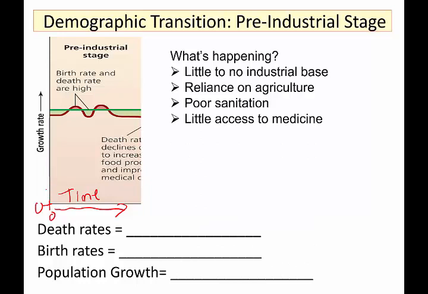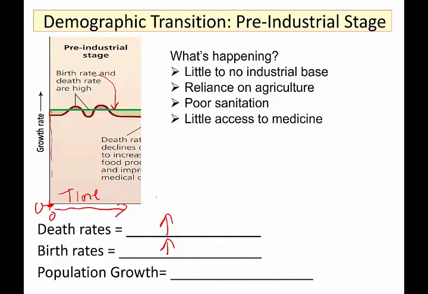If we look at the graph, you'll see the birth rates, which are shown by the green line, are relatively high. Now, when I say high, I mean if you realize down here at the bottom, that's low, and we're all the way up here. So birth rates are high. In addition, death rates, which are shown by the red line, are also pretty high.